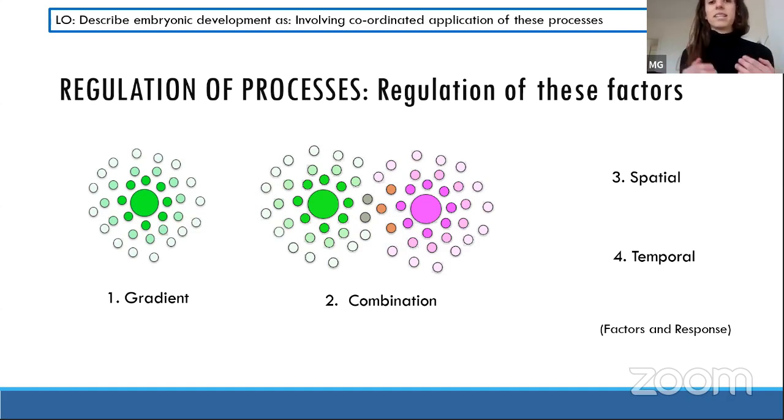It means that the cells can act on the neighbors, and there can be spatial and temporal regulation. This means that this gradient will change in time and will also change in space. So this is just about how cells work and communicate with each other. I hope this all makes sense. Are there any questions so far?